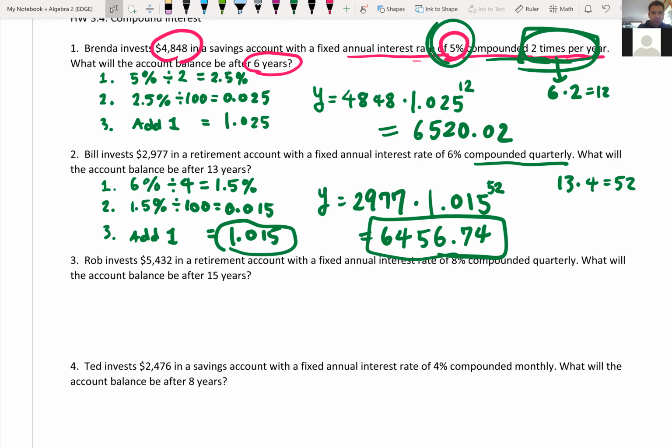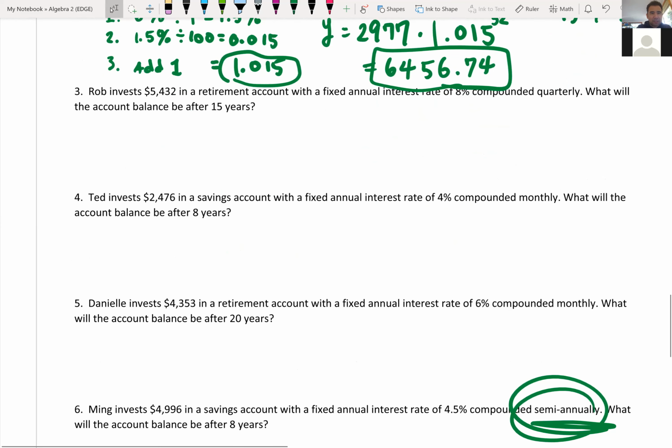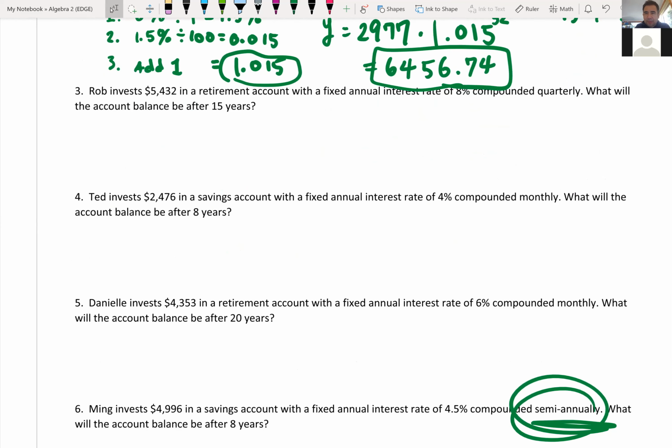Okay. Number 3. Let's keep going. Again, it's quarterly. Same thing. 8%. 15 years. Now, 8% is rather high for a bank. No bank will give you an 8% interest rate.